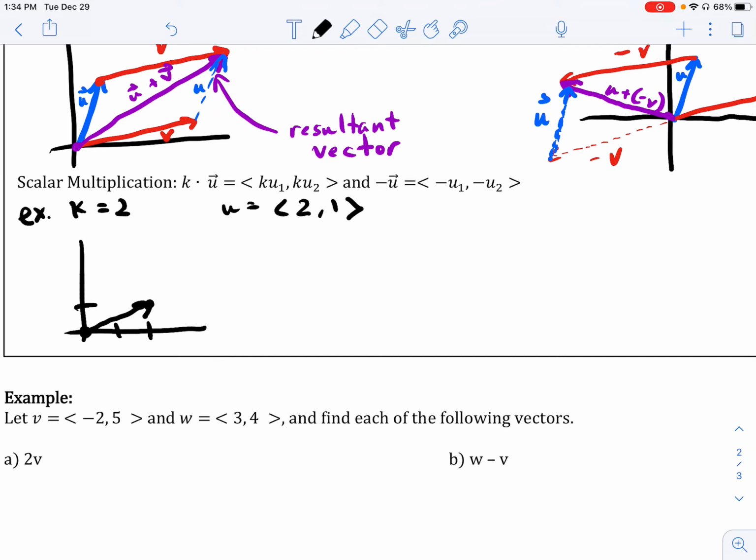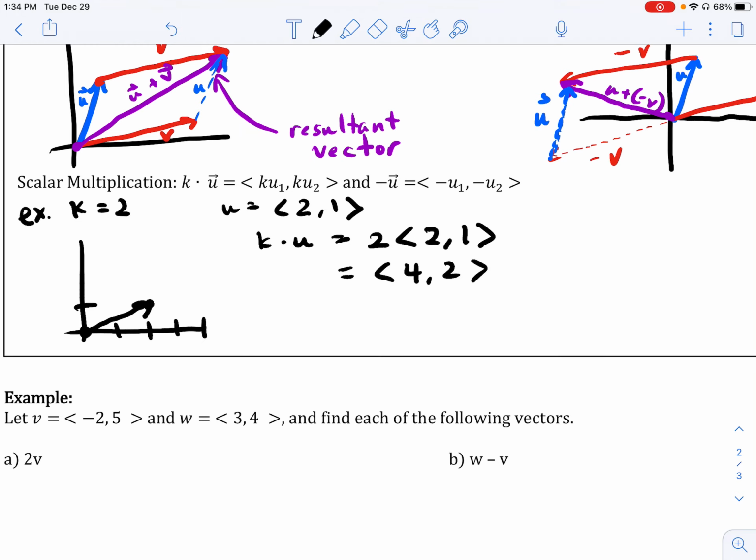If k were equal to 2, then think about what that looks like. K times u would be equal to 2 times 2, 1. And all you're doing is just distributing that 2 to each one of those components. So k times u would just simply give you this resulting vector, 4, 2.